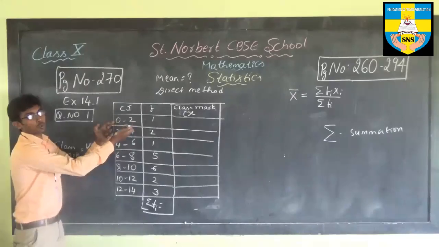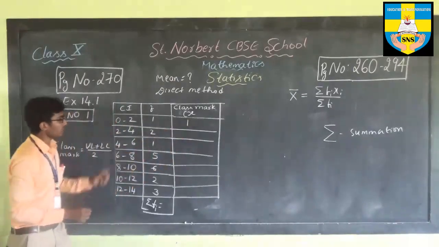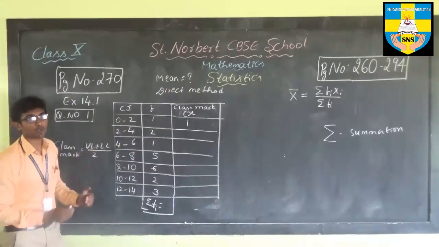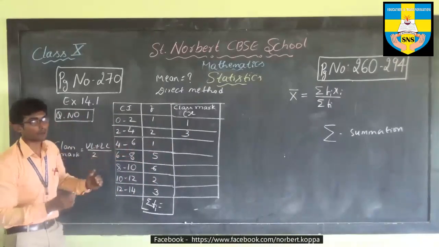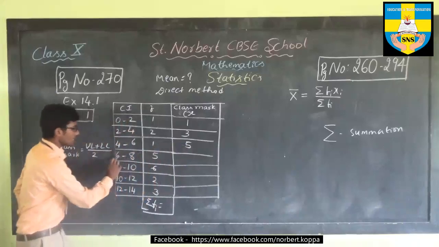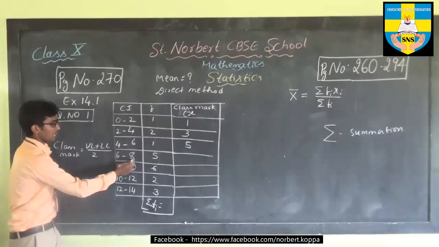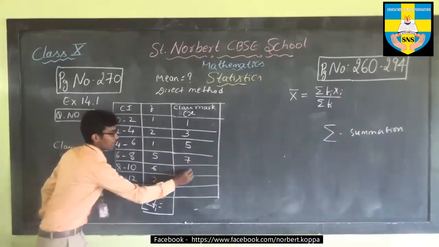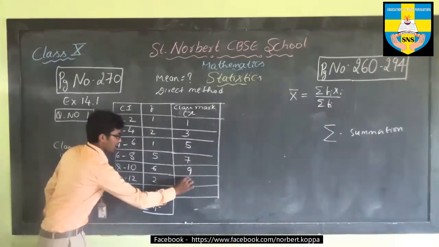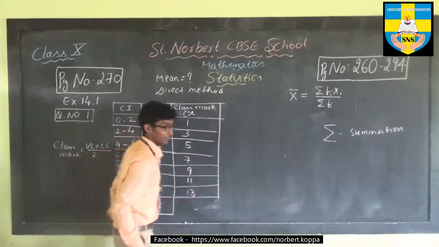0 plus 2, 2 by 2 is 1. 2 plus 4, 6 by 2 is 3. 4 plus 6, 10 by 2 is 5. 6 plus 8 is 14, 14 by 2 is 7. Similarly, if you calculate, you will get 9, 11 and 13.